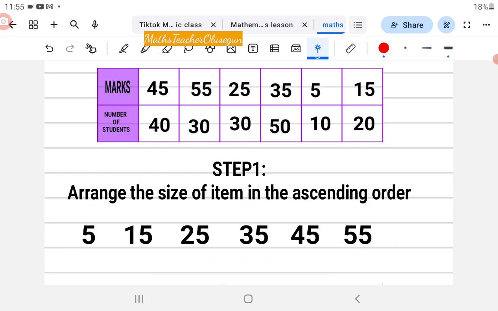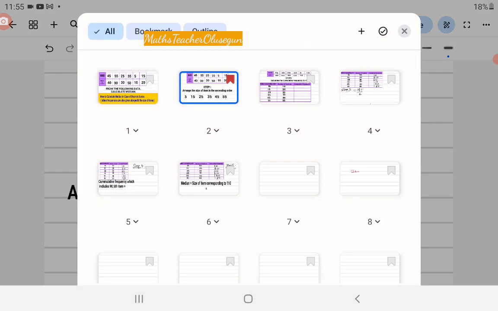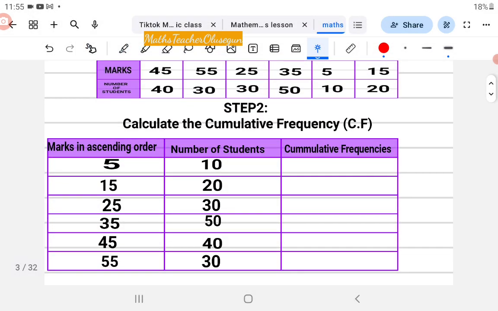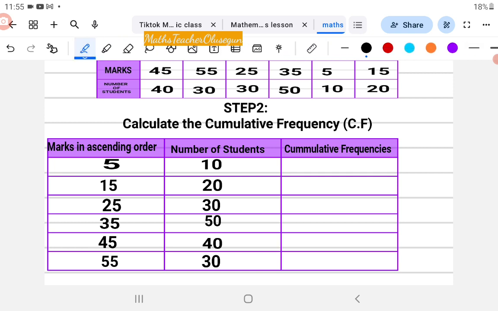Now let's go to step 2. What is step 2? Calculate the cumulative frequency. Now, what is the cumulative frequency? This 10, we add to 0, it will be 10.